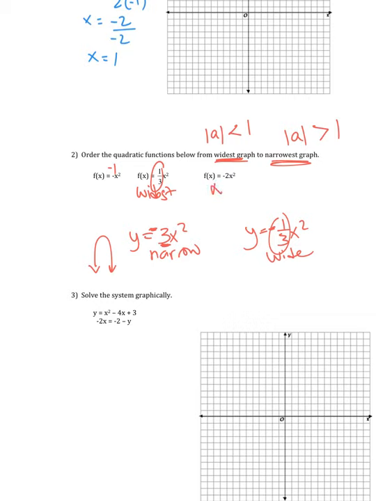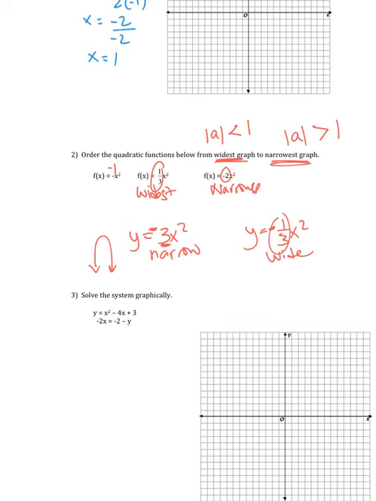So the narrowest would be this one because the absolute value of -2, which is 2, is the biggest number. So it kind of goes in opposite directions. The bigger the number, the narrower the parabola. The smaller the number, the wider the parabola. Okay, so that's how you figure out number 2.